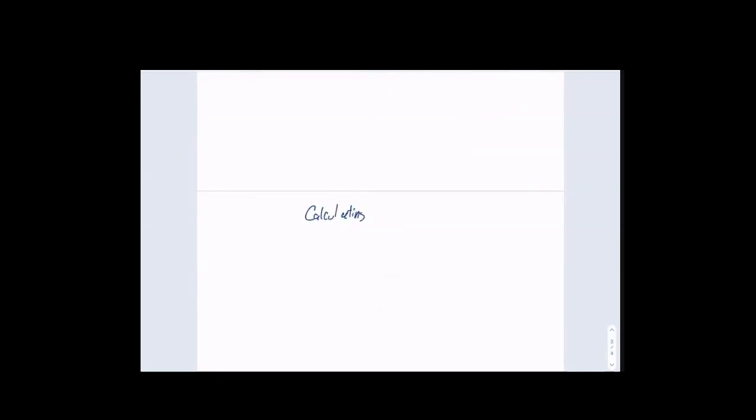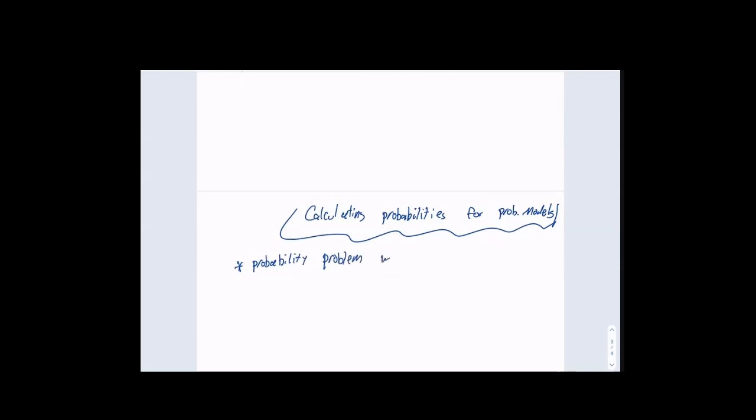Calculating probabilities for probability models. Basically, this is a probability problem with numerical values attached to the outcomes.